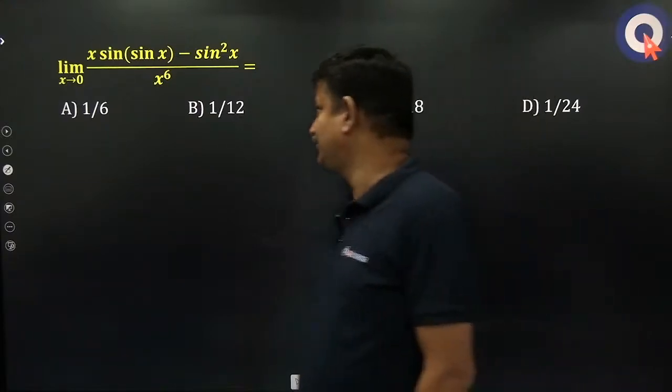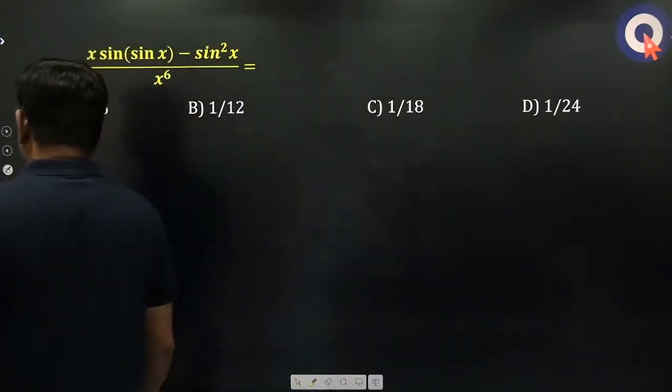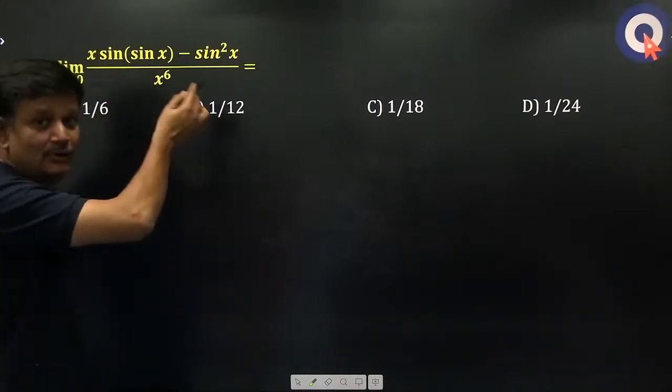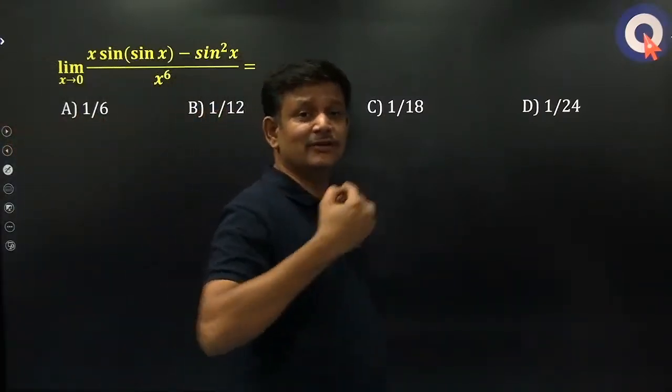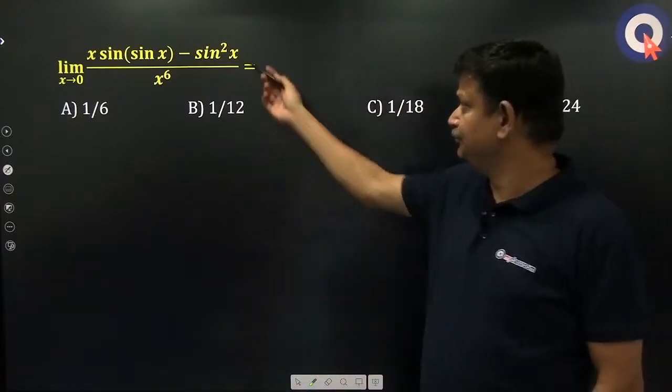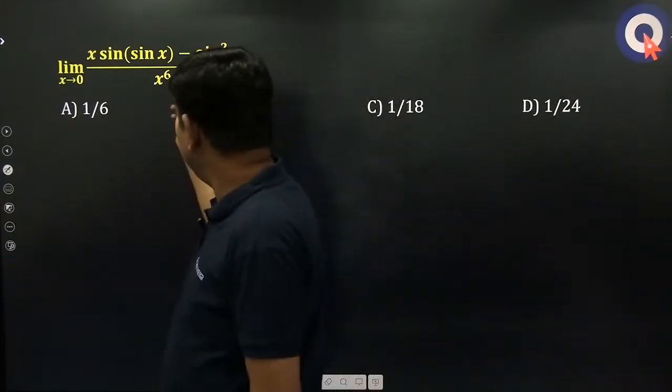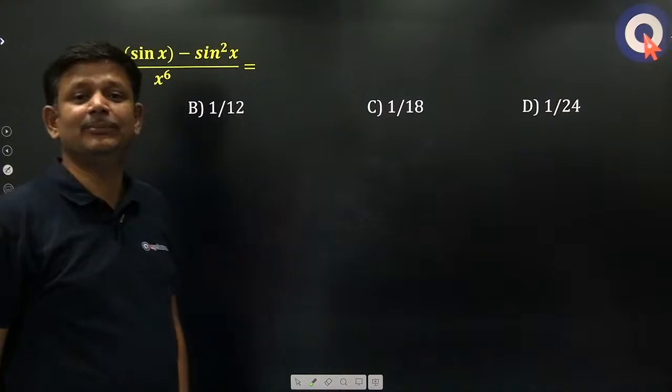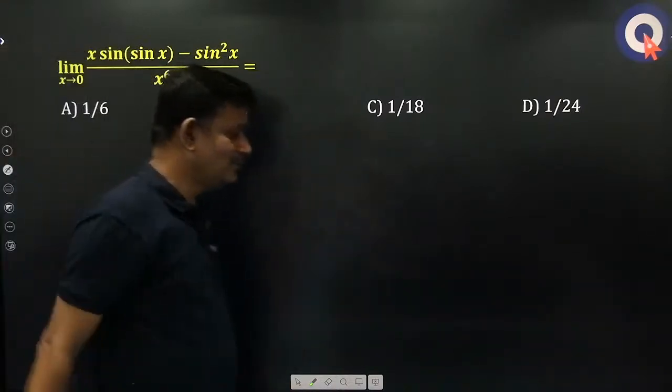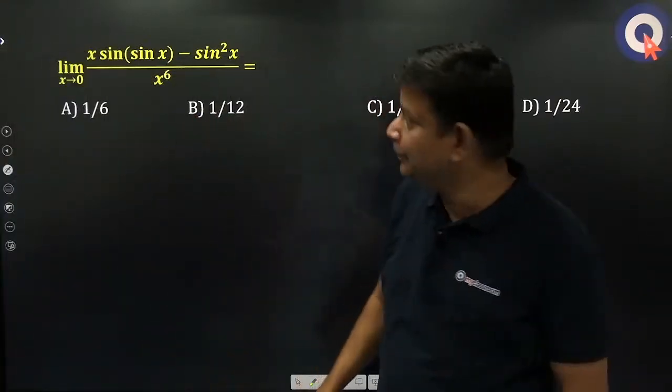That may make it very difficult as well. Why? You have to use the UV rule here, and again sine of sin x into cos x, 2 sin x cos x, x power 5. So a lot of simplifications, one L'Hopital will not give you. You may have to differentiate multiple times.